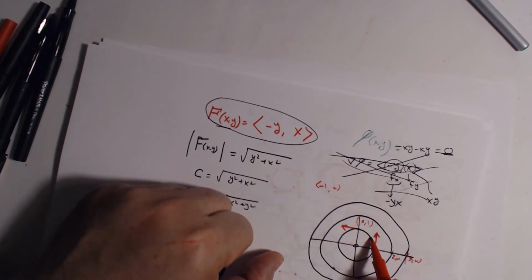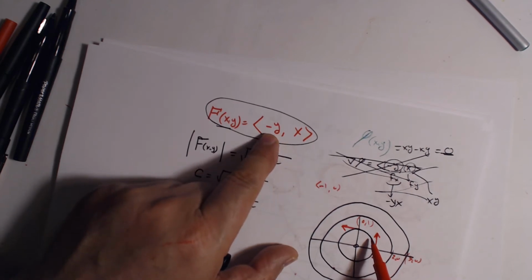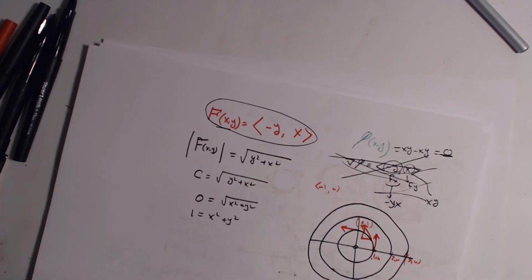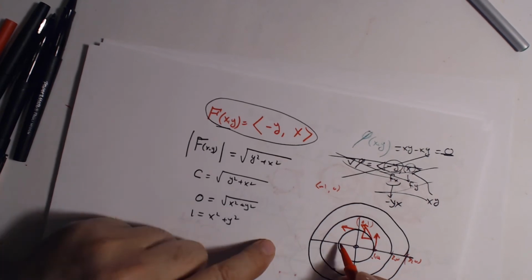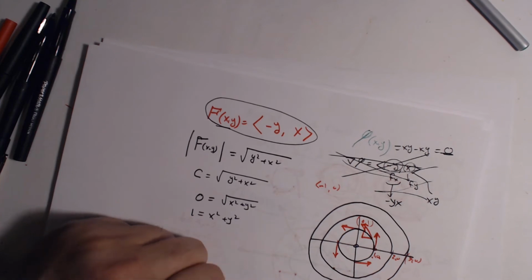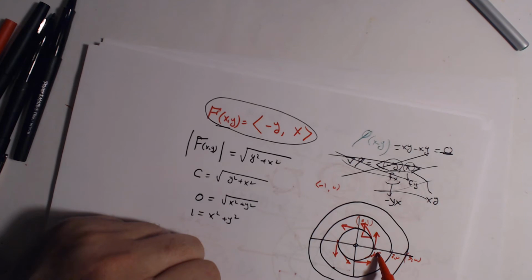If I put radical 2 over 2, radical 2 over 2, that becomes x is negative radical 2 over 2, y is radical 2 over 2. That becomes my vector. I bet you this one is going to be this, this one is going to be this, this one is going to look like this.